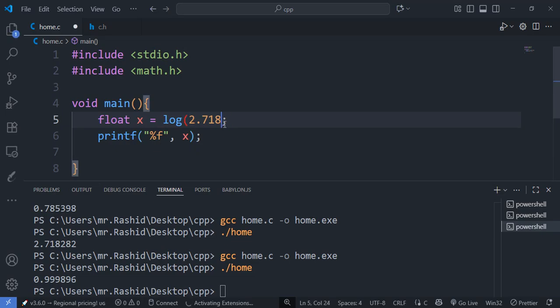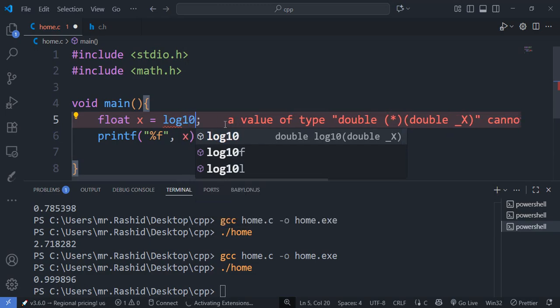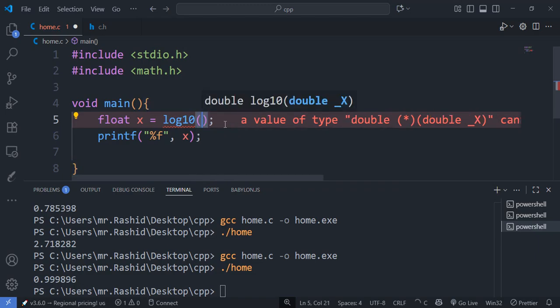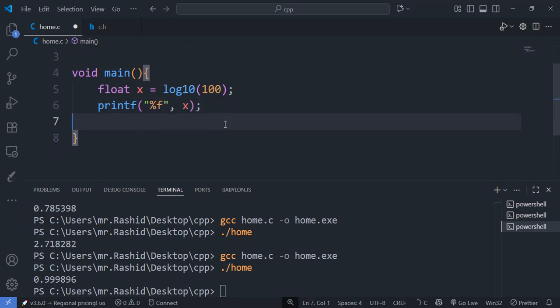We can also use another one, for mathematicians. I'm not a mathematician. We can also use log10. What I know is that it is the logarithm base 10. This one I know very well. Here we can provide, for example, 100. For 100 we are going to get 2.